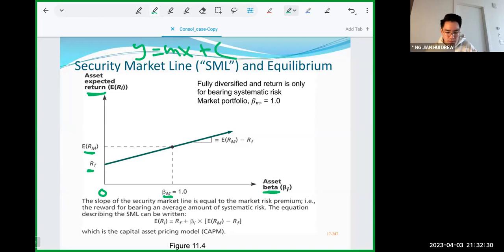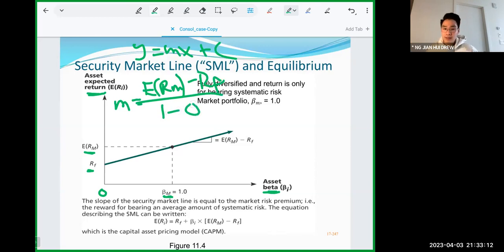So now that we are given 2 points, we know the risk-free at 0, which is the intercept c, right? And we know the market beta of 1 will give you the market returns. Can we actually construct m? m is the gradient, right? And what's gradient? Gradient equals Y1 minus Y2 divided by X1 minus X2, which here is the market return minus risk-free, divided by 1 minus 0.